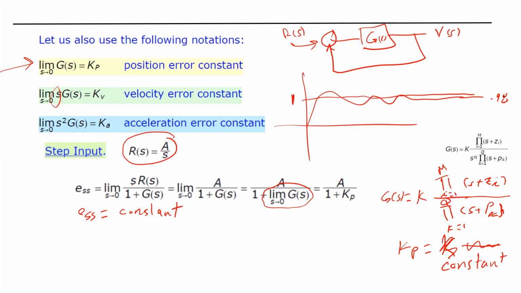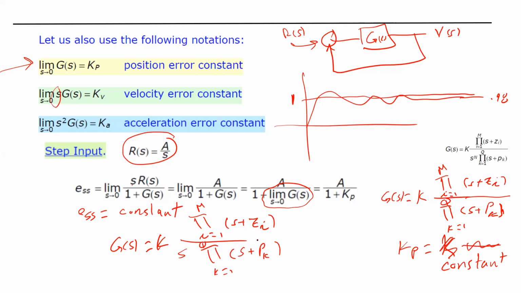Now, suppose my system is of type 1. So G of S in this case has an S in the denominator, and the other things remain the same: the product of S plus Zi over the product of S plus Pk.